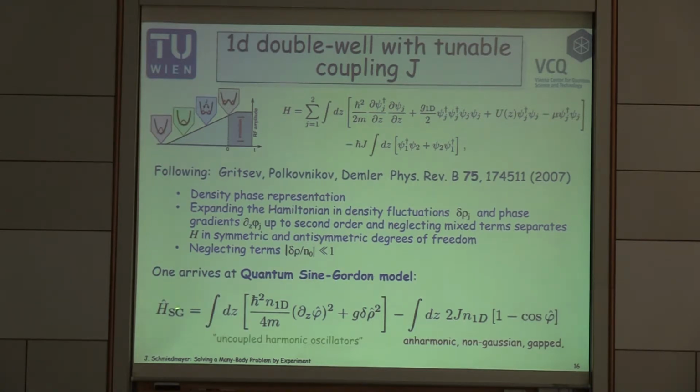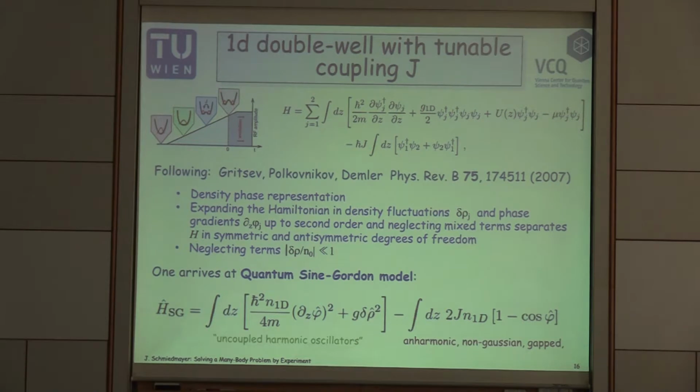Then you can show that under these approximations this Hamiltonian is equivalent to the Sine-Gordon Hamiltonian. You basically neglect all terms higher than second order. By measuring very high order correlation functions and connected parts, we can probe if this is good enough, and we can say if this is the real Sine-Gordon model that we can implement in the system.